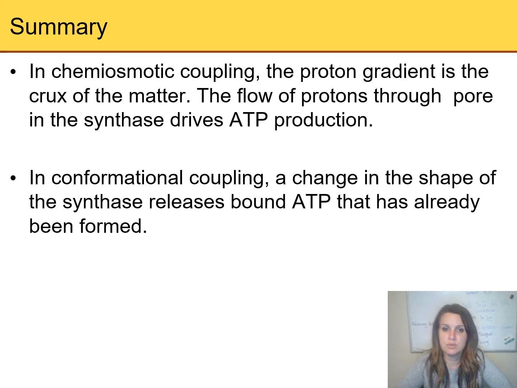The flow of protons through the pore in the ATP synthase drives ATP production. And in conformational coupling, a change in the shape of the ATP synthase releases the bound ATP that has already been formed. So we see both types of coupling occurring with our electron transport chain and ATP synthase.